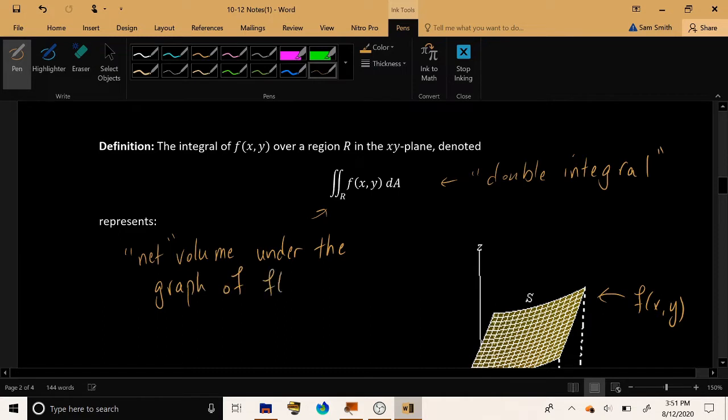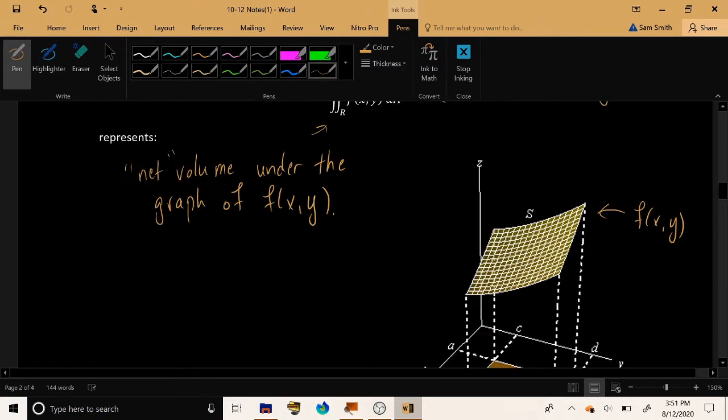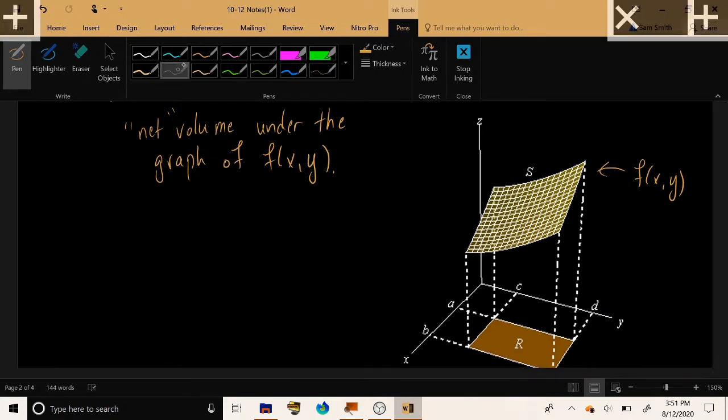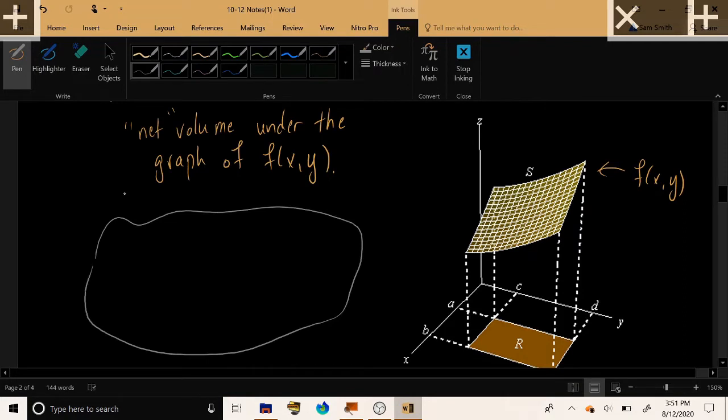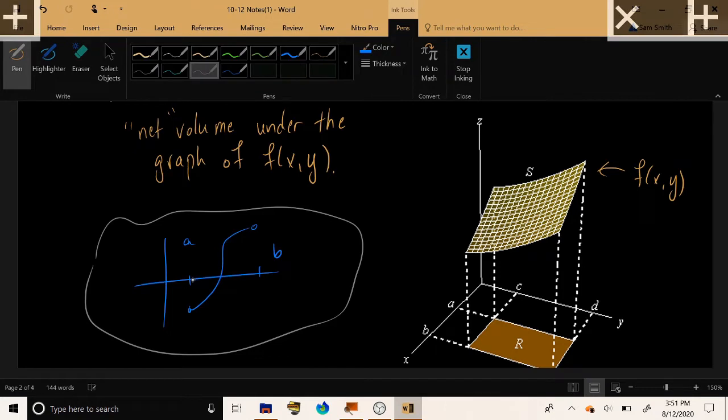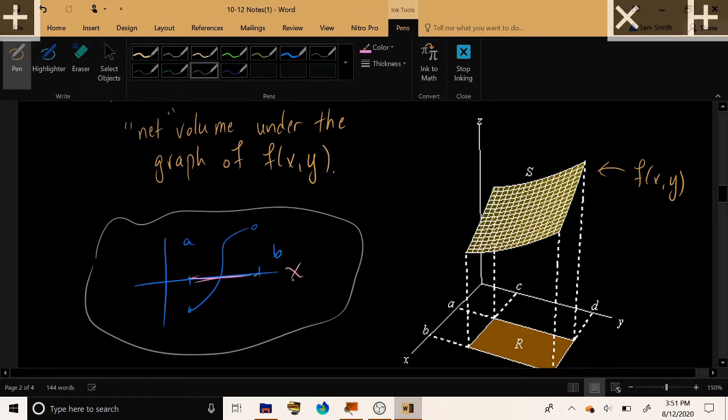of f of xy. To make sense of that, let's go back to Calculus 2 for a minute. Let's write a little thought bubble here. Let's remember that back in Calculus 2, you had some function, maybe it did something like this, going over an interval from a to b, just on the x-axis this time.